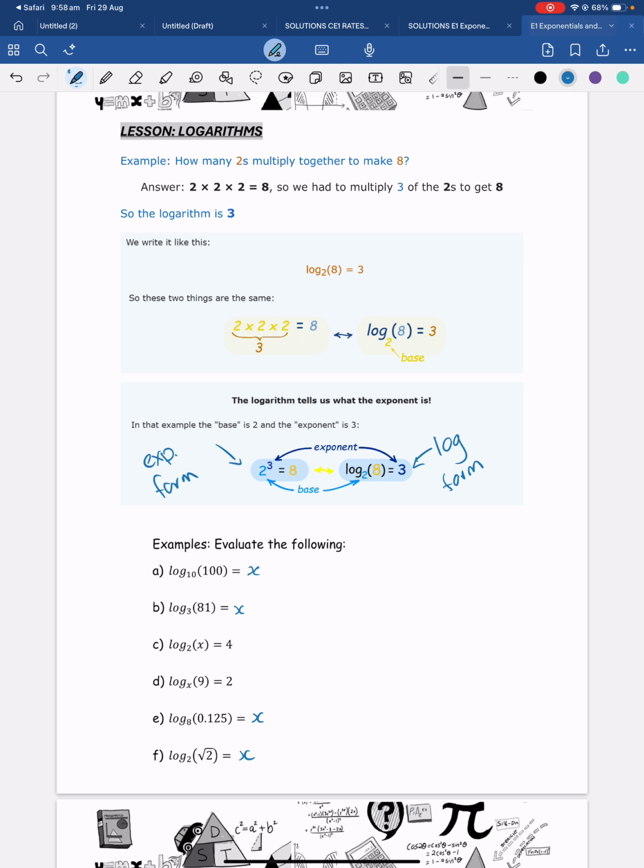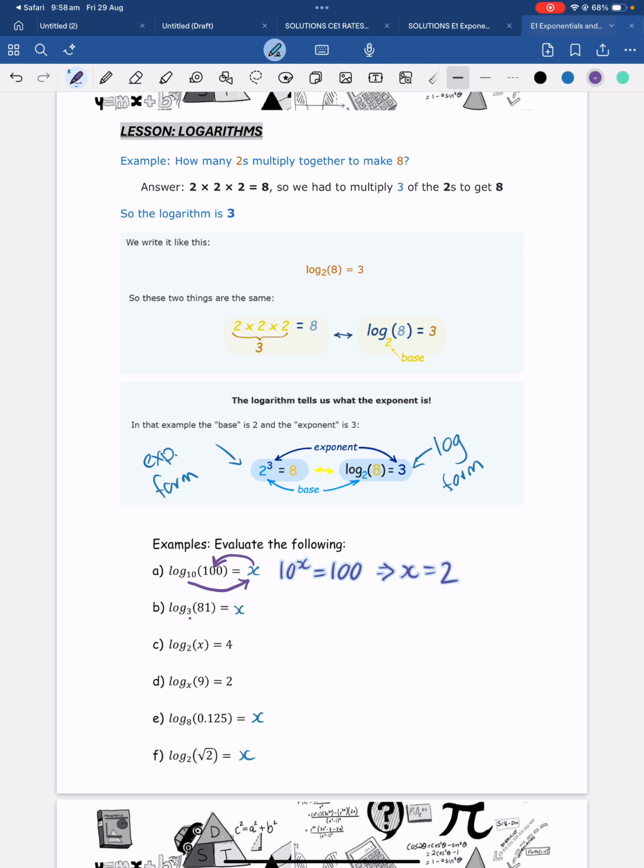So if I follow that, I like to think of it like this. 10 to the power of this answer is equal to the number in brackets. So that means 10 to the power of x is equal to 100. And then looking at that, 10 to the power of what gives me 100? Well, it just means that x is equal to 2, because 10 to the power of 2 gives me 100.